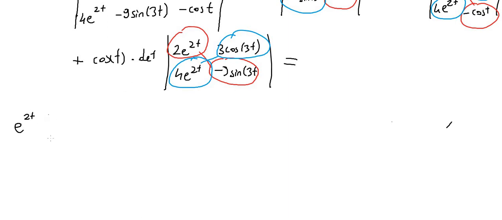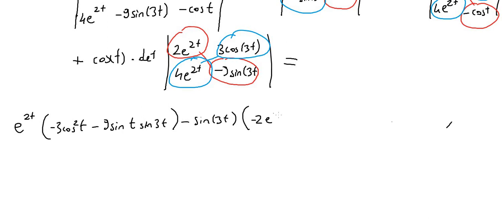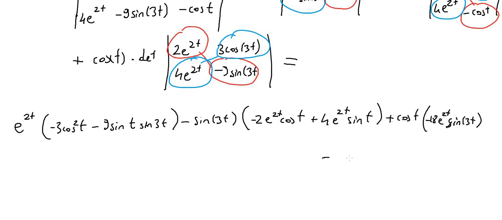e to the 2t times negative 3 cosine squared of t minus 9 sine of t sine of 3t, minus sine of 3t times negative 2e to the 2t cosine t plus 4e to the 2t sine t, plus cosine t times negative 18e to the 2t sine of 3t minus 2e to the 2t cosine of 3t.